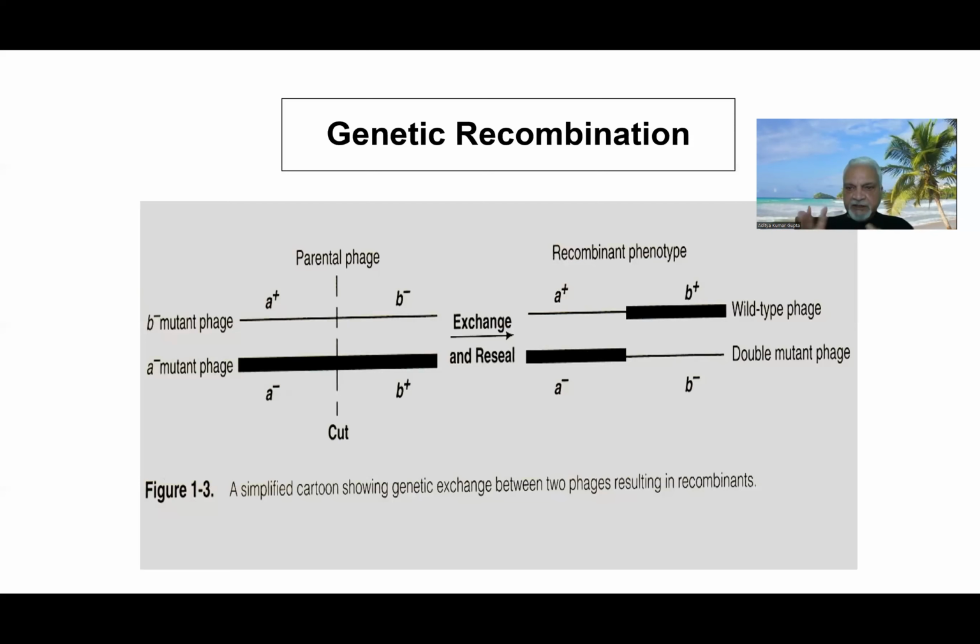So this is what we mean by recombination, where physically the DNA segment is broken at one point and sealed, or ligated in today's term, or joined with the other segment to give you a changed phenotype. So it's a newer combination, and that is so in eukaryotes also.